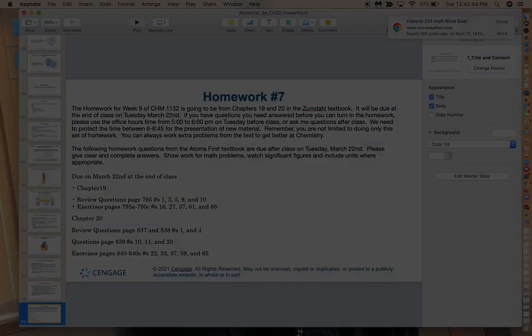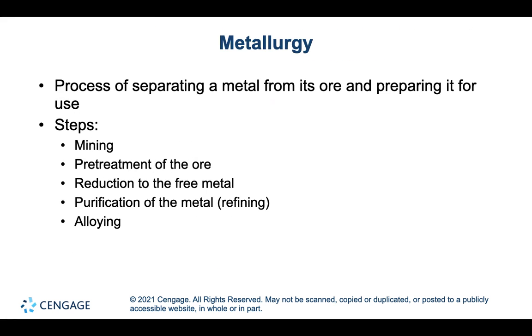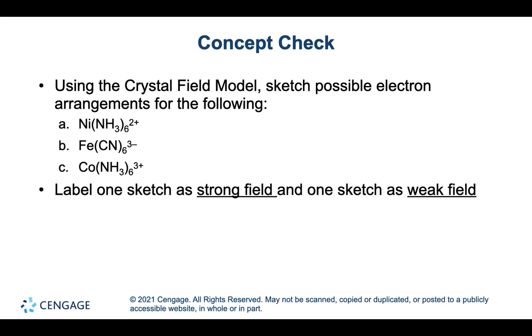Getting close to finishing up. All right, so we're 4s2 3d8 prior to losing 2 electrons. So that would make us 3d6. If we have the strong field case, then all the electrons would be paired up in the T2G, the 3 lower orbitals. And so we would have no electrons in the EG and 6 electrons in the T2G. That's what our sketch would look like.